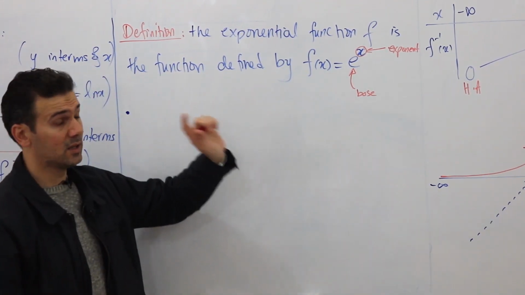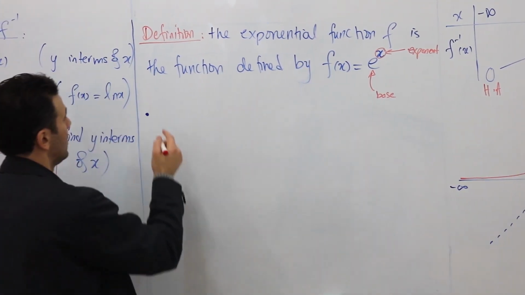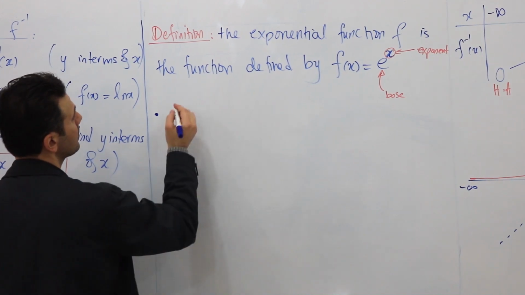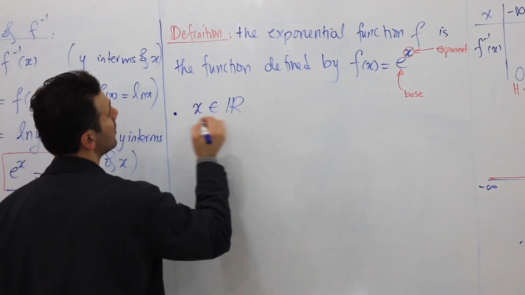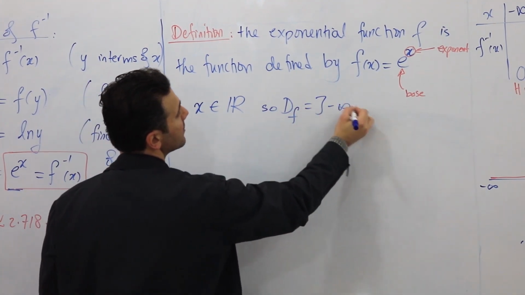So similarly, e power x is defined for any value of x. x belongs to R, so the domain of f will be minus infinity to plus infinity.